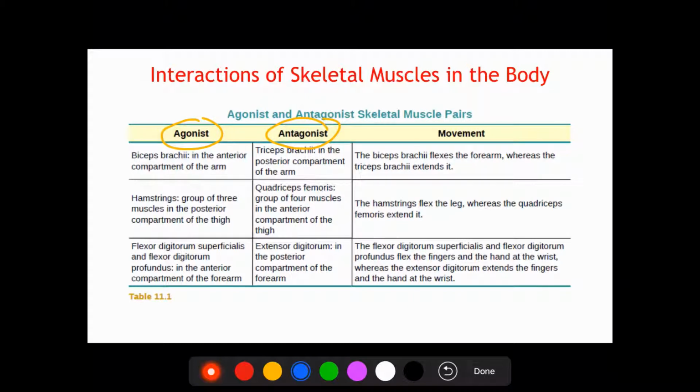And in this table, you have several types of these muscles. In the lab, you would see some of them. Like we have the biceps brachii and the triceps. We have the hamstring and the quadriceps femoris. We have the flexor digitorum and the extensor digitorum. All of these are pairs of agonist antagonist skeletal muscles.